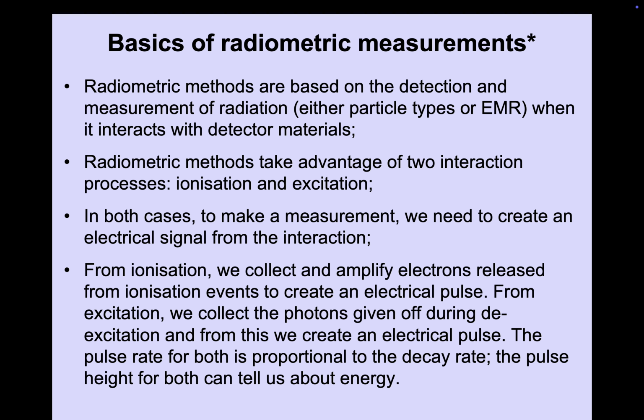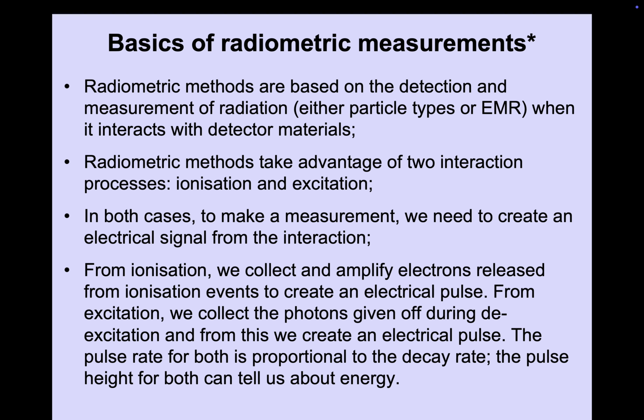In both cases, to make a measurement, we need an electrical signal created from that interaction. If we can capture that electrical signal, then we have a chance of telling that the radioactive decay has happened, and also the identity of the parent isotope that underwent that decay.